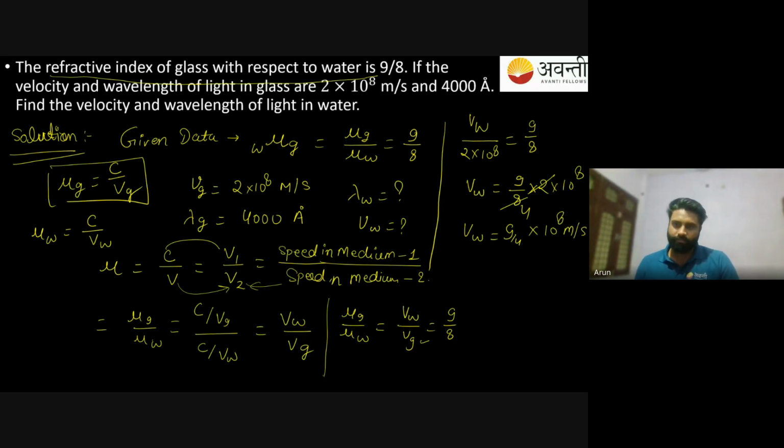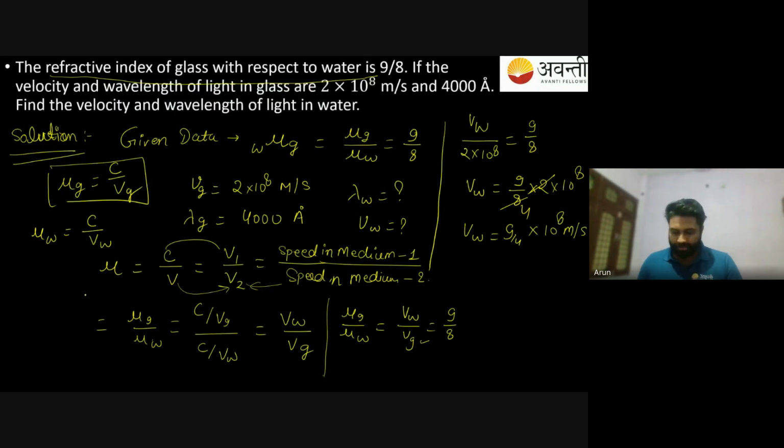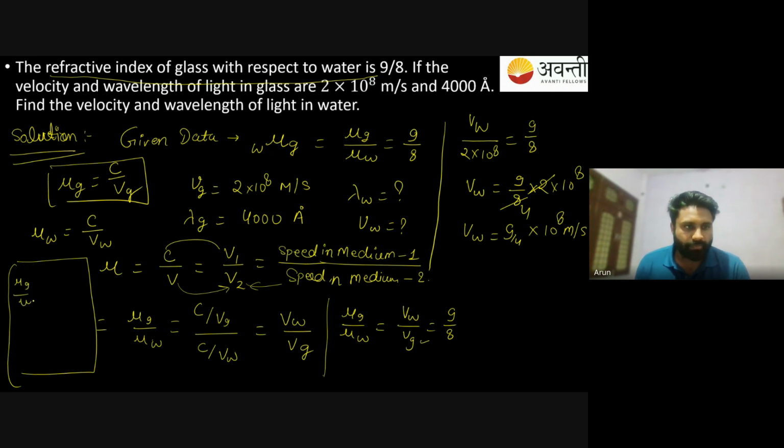Got it? Now, if I talk about the ratio of wavelength, what would it be? Again, we know that mu g by mu w is nothing but the ratio of speed of light in water and speed of light in glass. Again we will use that formula.